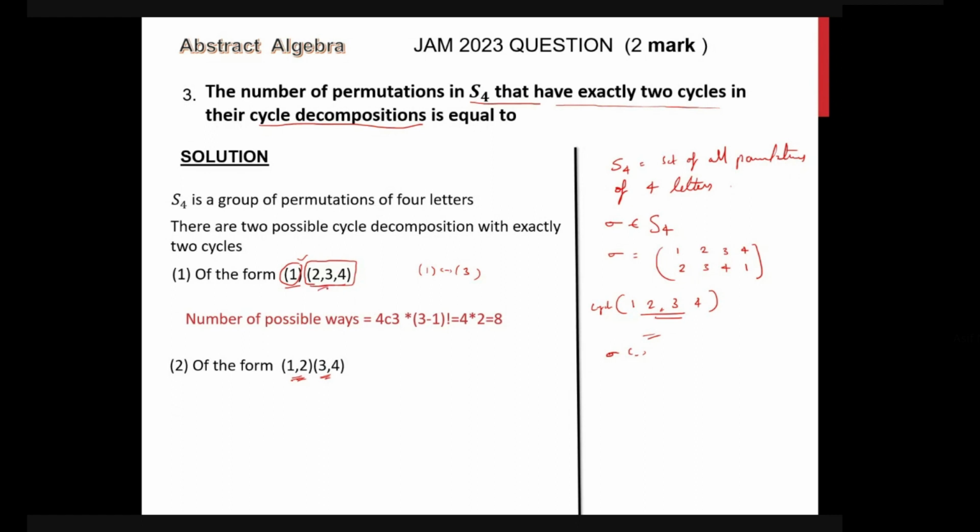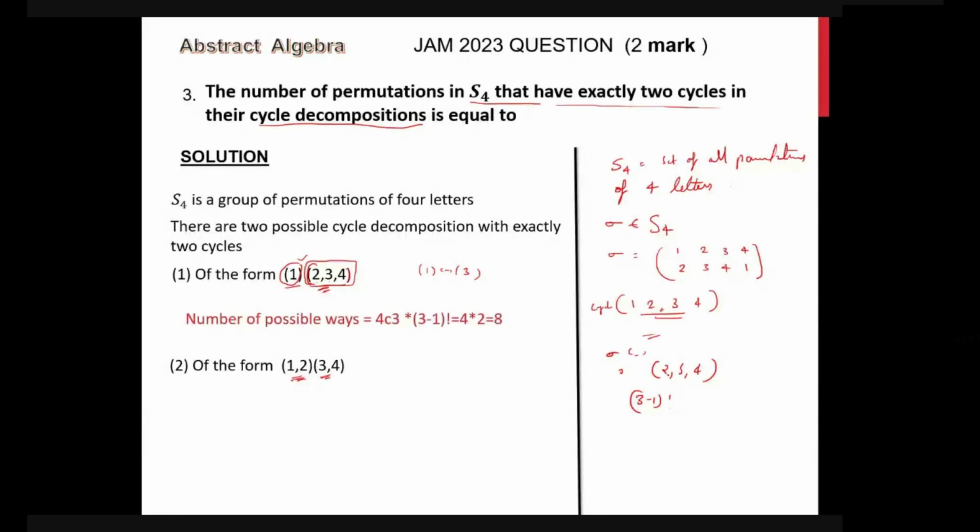And for the 3-cycle, 4 choose 3 ways. In this cycle decomposition, 3 letters are there, that means 2, 3, 4, and we can arrange them in 3 minus 1 factorial ways.